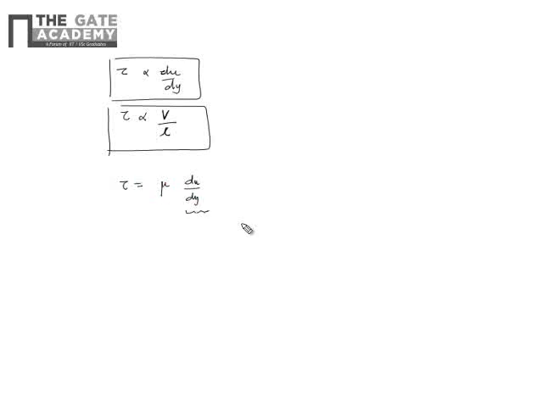This is your velocity gradient and this is your shear stress applied, and this value is basically the viscosity, and here it is termed as dynamic viscosity.